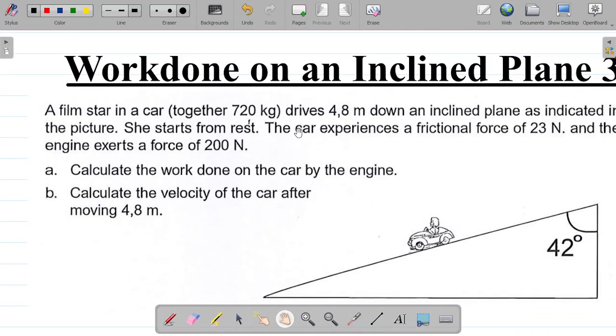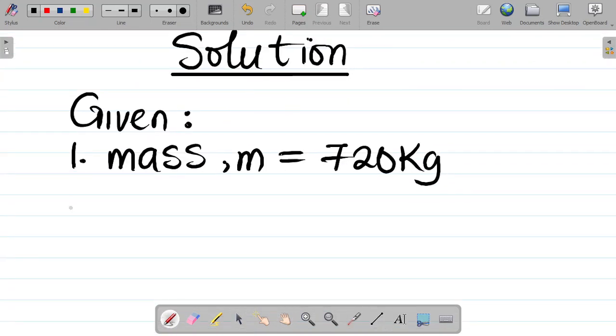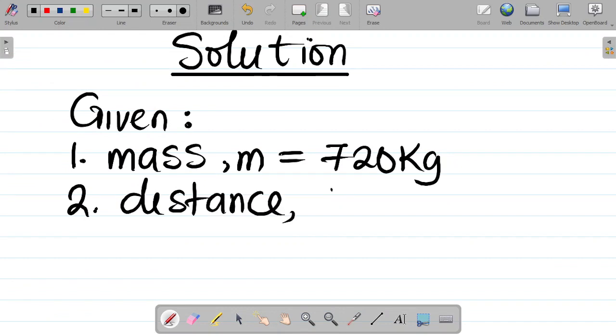Next up, it says drives 4.8 meters down. So number 2, the distance on the inclined plane. Let's call this distance d. The distance moved on the inclined plane is equal to 4.8 meters.